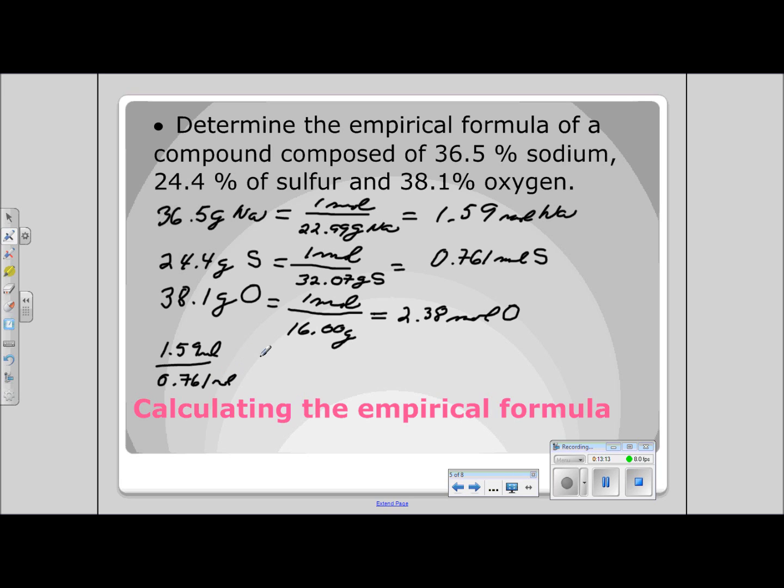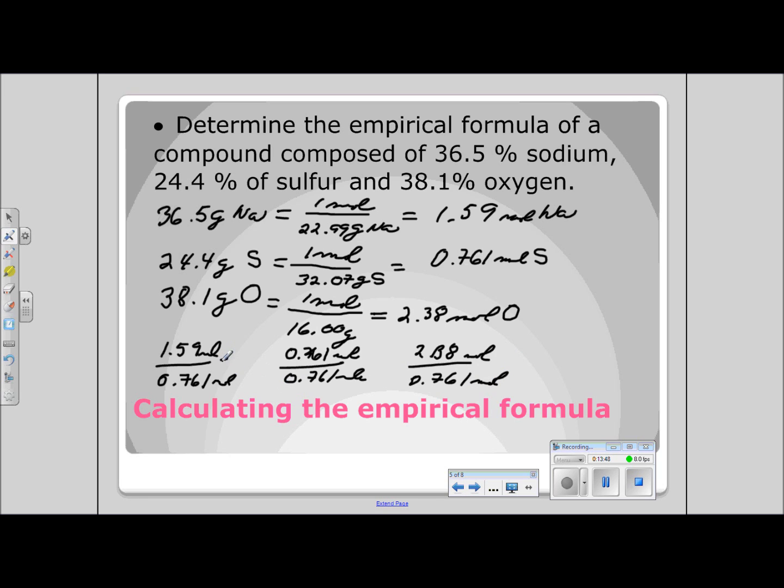My next ratio is 0.761 moles to 0.761 moles. And finally, my last ratio is 2.38 moles to 0.761 moles.